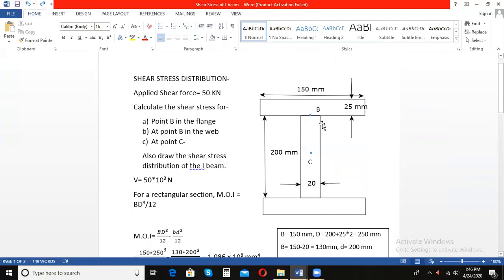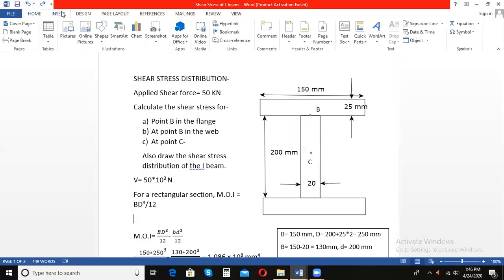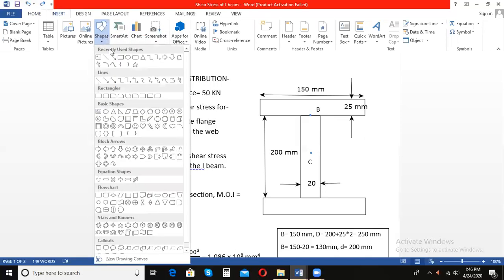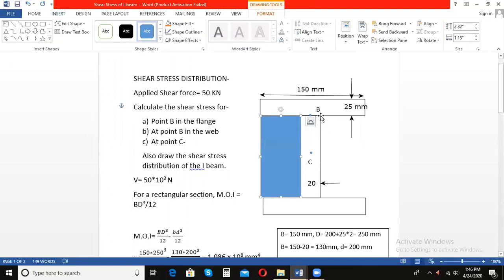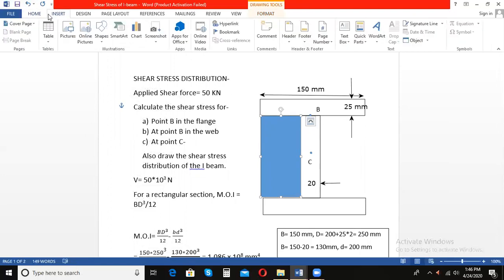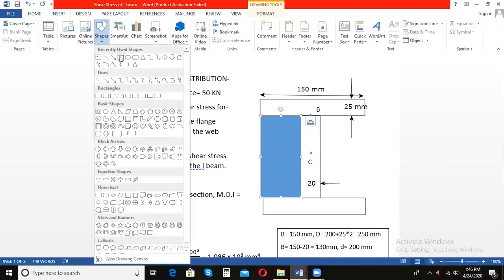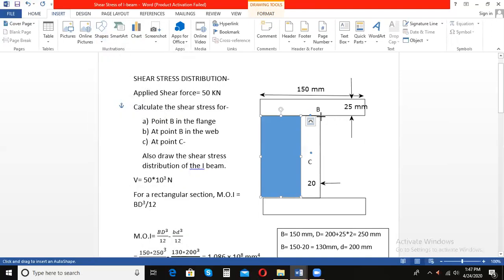Now I have to consider another rectangle. What will be my smaller rectangle? My smaller rectangle is going to be this one rectangle, and this is the other rectangle.